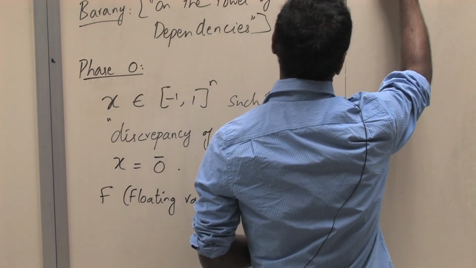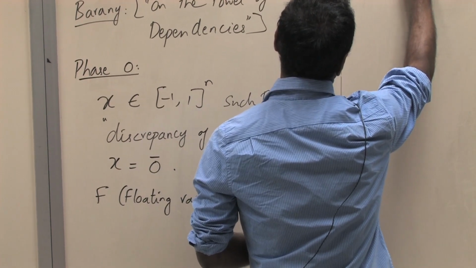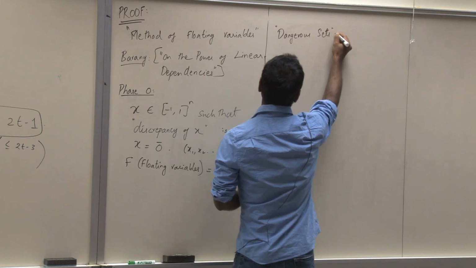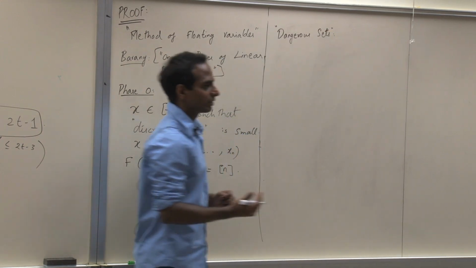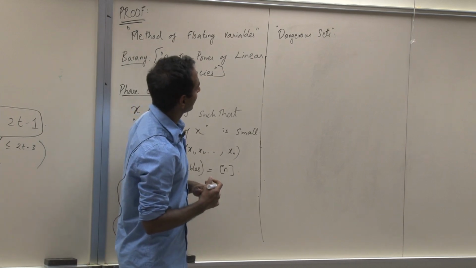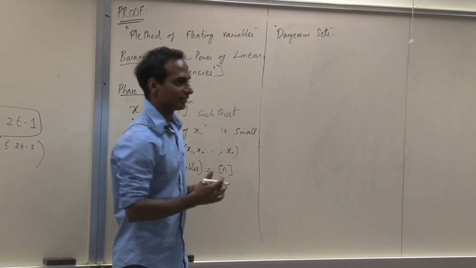Well, so you want to fix the variables so as to not hurt the discrepancy too much, and here we introduce something called dangerous sets.